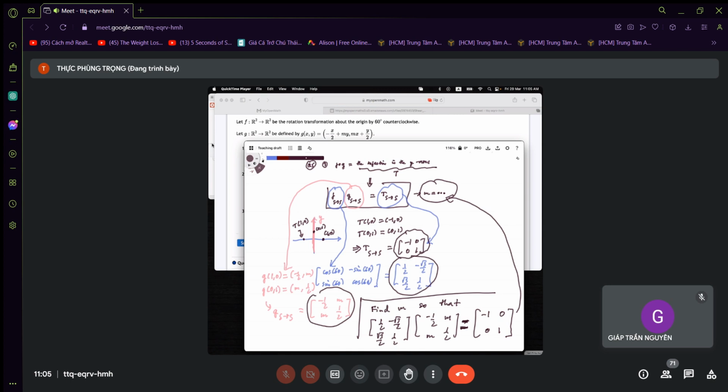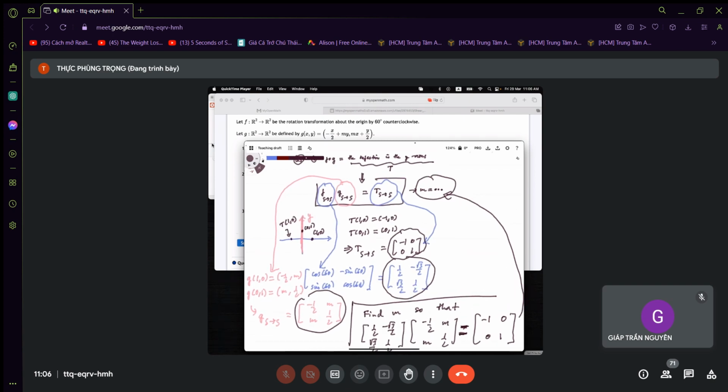You only need to multiply them together on the left and solve some equation. Yeah, so do this and you get M.